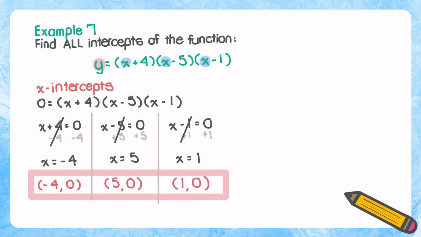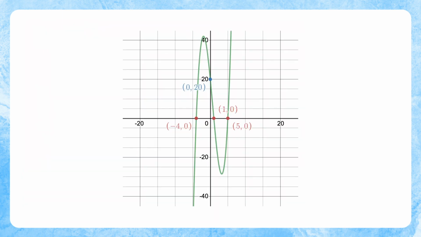Even though the format is different compared to earlier examples, it's still the same idea of setting y equal to 0 and solving for all potential solutions of x. So notice here we have our 3 x-intercepts, so the graph crosses the x-axis 3 times. And also our y-intercept is the point 0, 20.